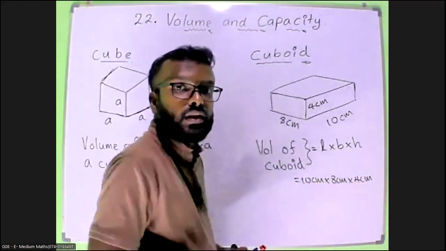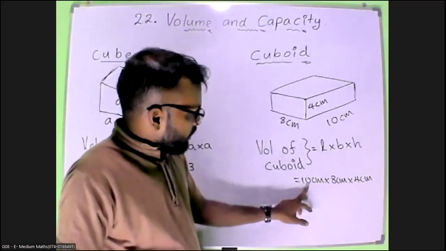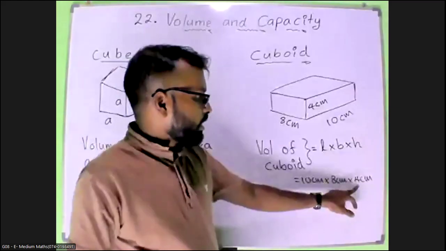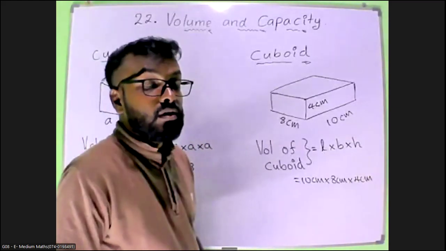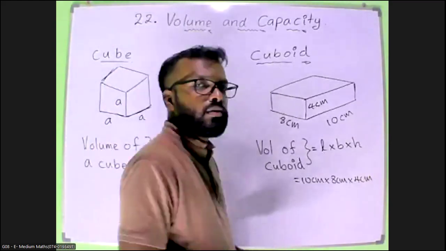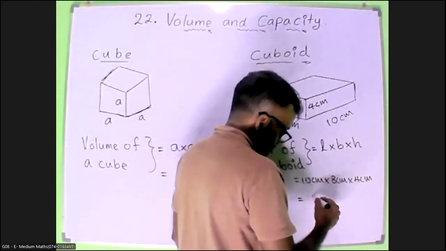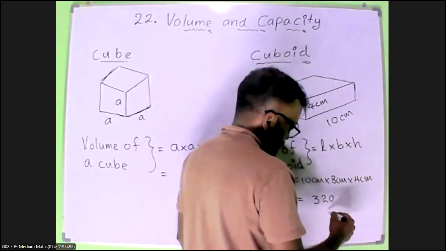Very easy. 10 times 8 is 80. 80 times 4 is 320. What is 8 times 4? 32.